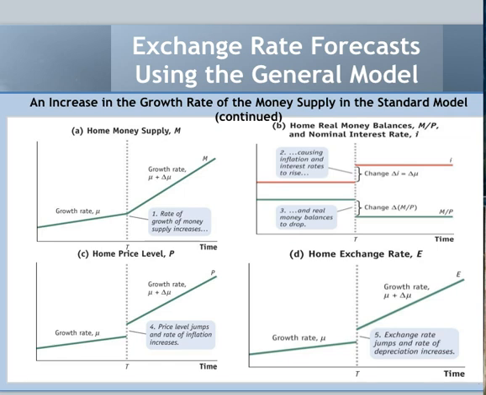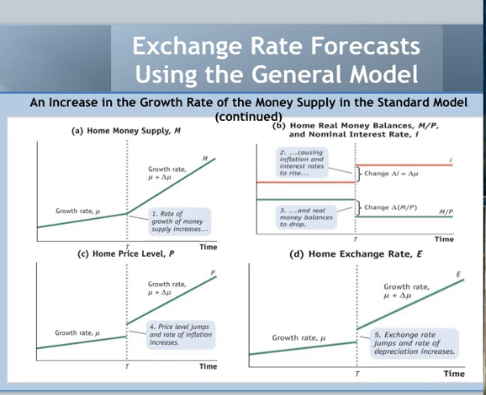So the price level has to jump to compensate for that increase in the money supply. So the price level jumps, but you also get an increase in inflation. Remember, inflation is nothing more than the price level constantly increasing. So at time t, we see a jump in the price level, and we also see an increase in its rate of growth, which is represented by a steeper slope.